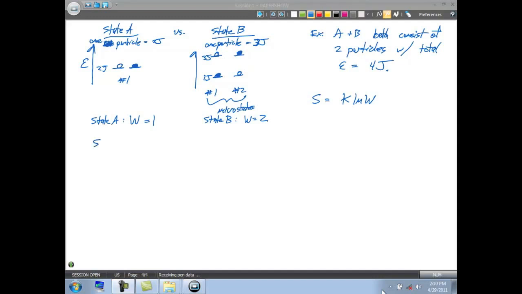So we can say that system B has more microstates that results in the same 4 joule macrostate.